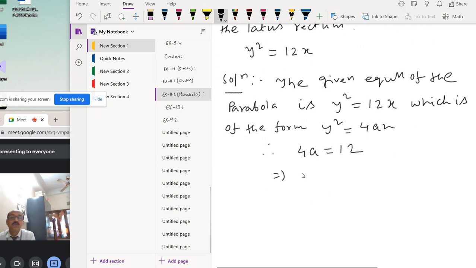So the coordinates of the focus will be (a, 0), which will be (3, 0), as a equal to 3.